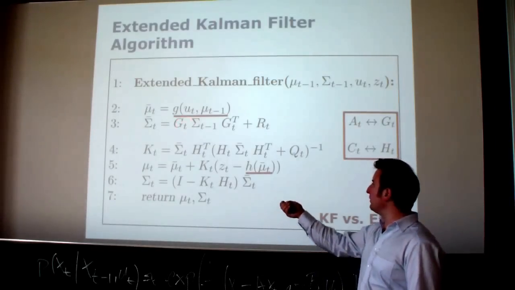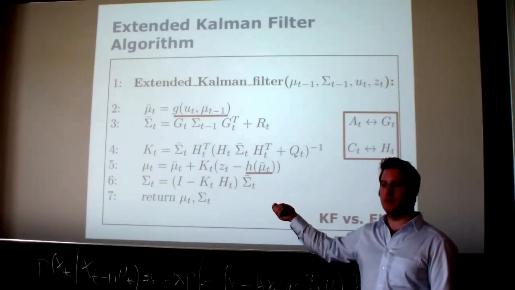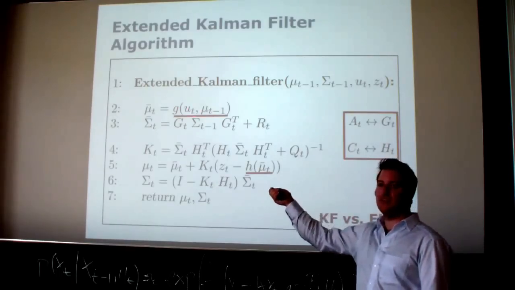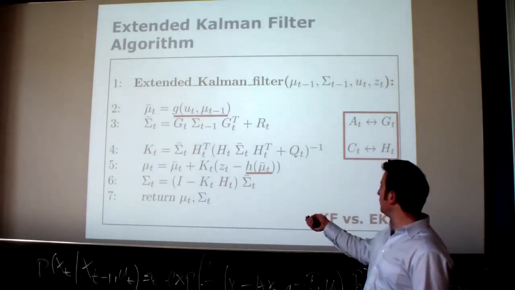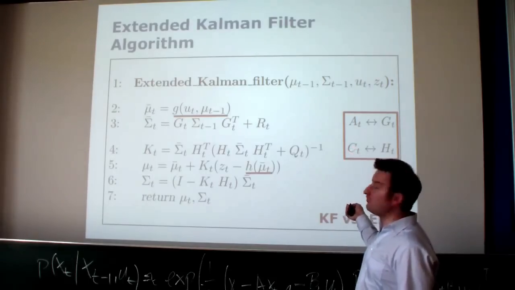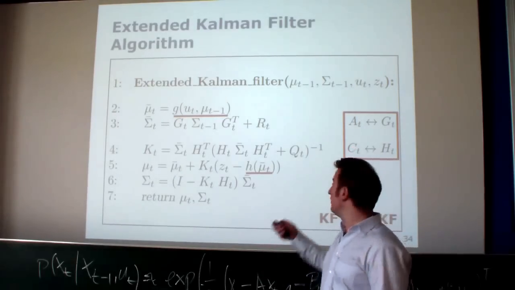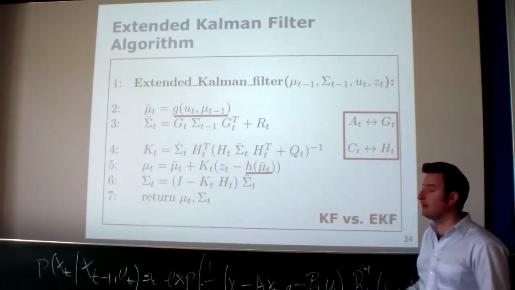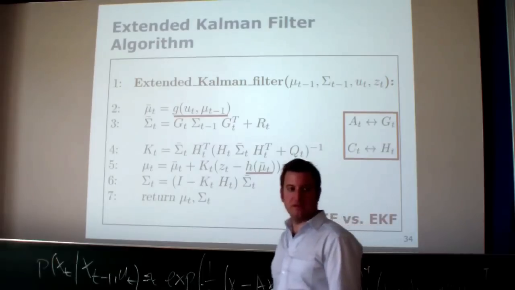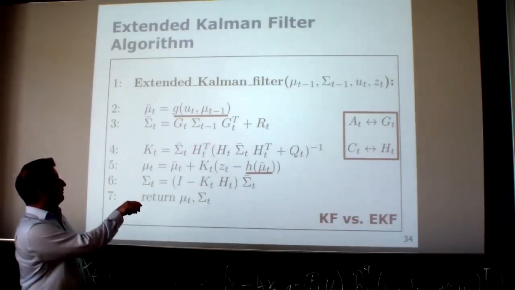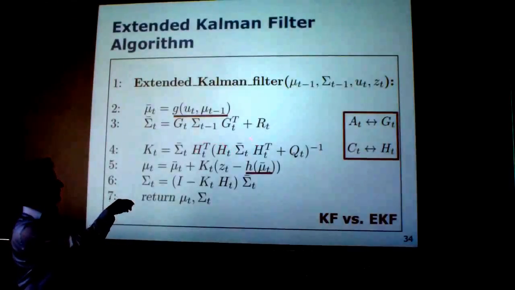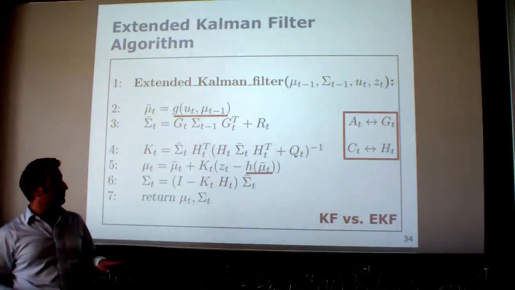This is pretty similar to what the A matrix was doing before. Since the A matrix doesn't exist here anymore, it's replaced by the Jacobian. And the same holds here: the matrix C_t for the observation is replaced by its Jacobian. So at this point we had the C before, but now the H, and we had the A where the G is, but the rest is the same.